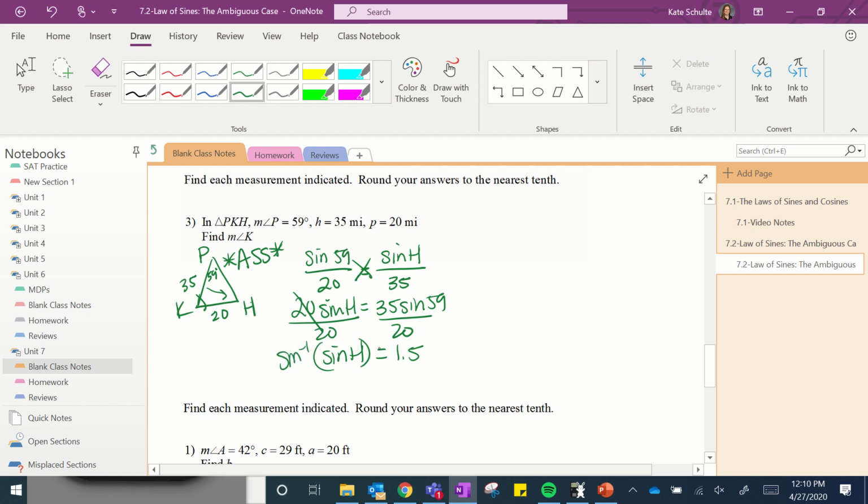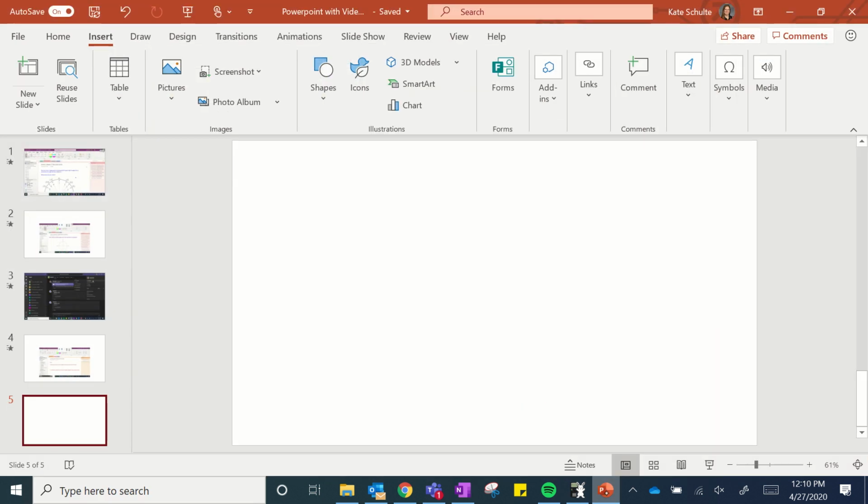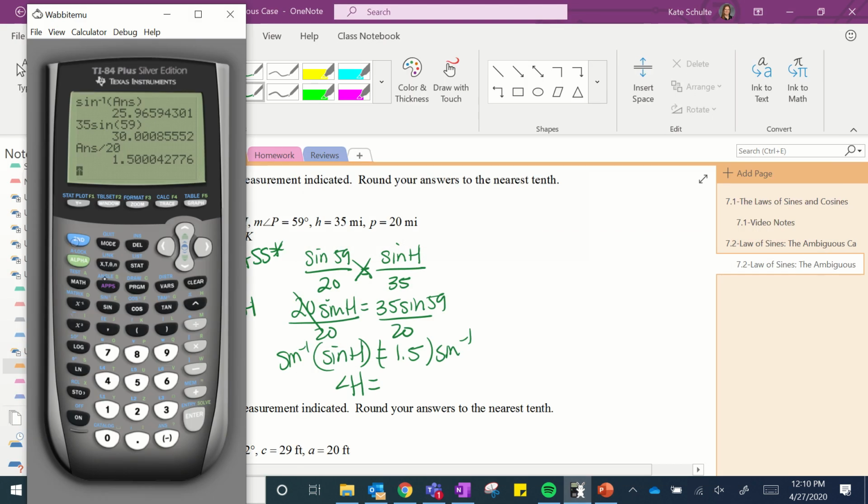I'll take the inverse sine of both sides. Okay, error. All right, why is it doing that? Maybe some of you, I know somebody messaged me when you were trying to make your Flipgrid projects that this kept happening.